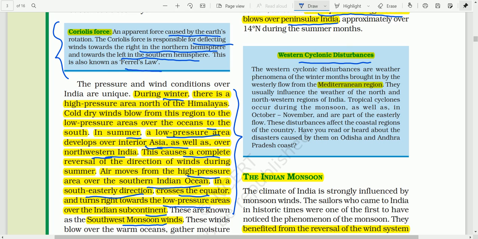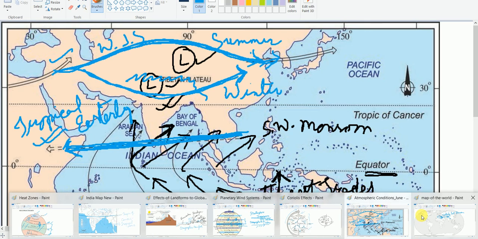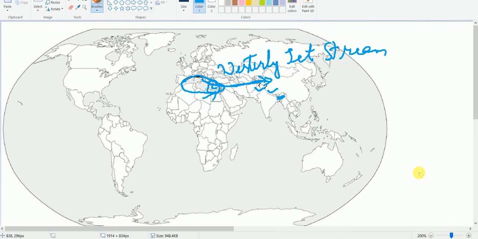See here, these are the cyclonic disturbances. These are weather phenomena of winter months brought in by the westerly flow from the Mediterranean region, and they usually influence the weather of the northwestern region. Because of the western disturbances, we receive winter rainfall over northwestern India and heavy snowfall over the Himalayan mountains, and northeastern India also receives light winter rainfall.